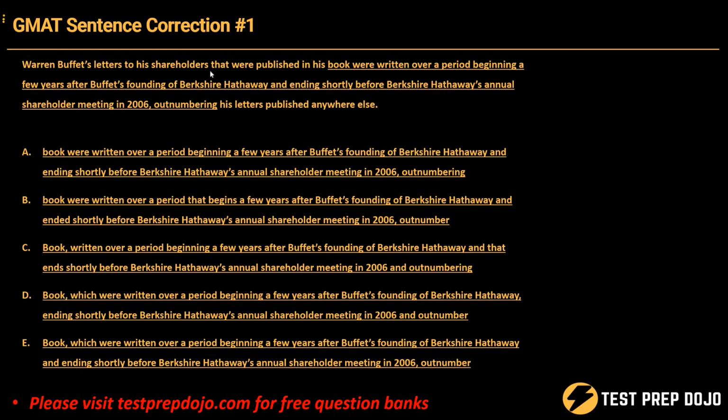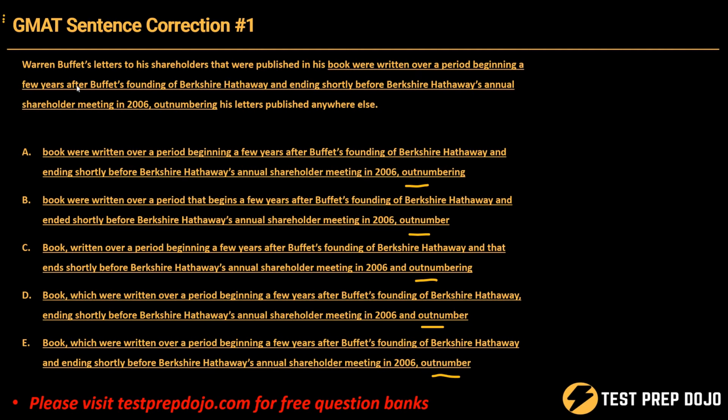So if we scan the answer choices, we can see right off the bat that one of our decision points has to do with this word here, outnumber, and it is presented a number of different ways. So we can see, depending on the meaning and usage, this is going to have a different impact, and we need to eliminate some of our choices based on this. There's also another one here, which is the modifier having to do with the period over which the letters were written.